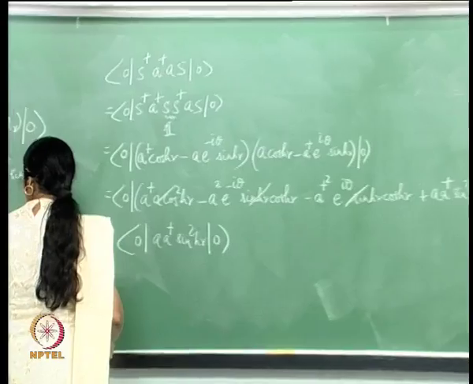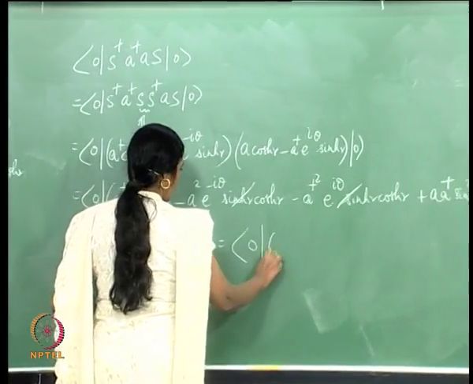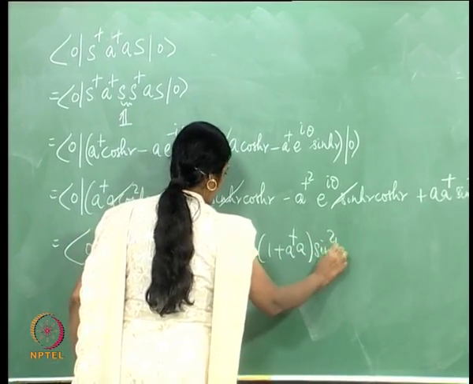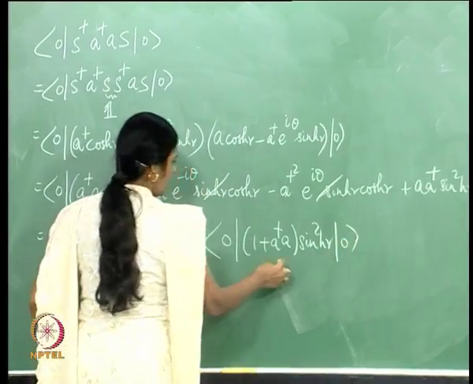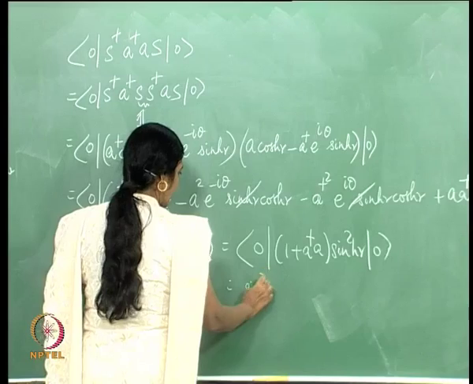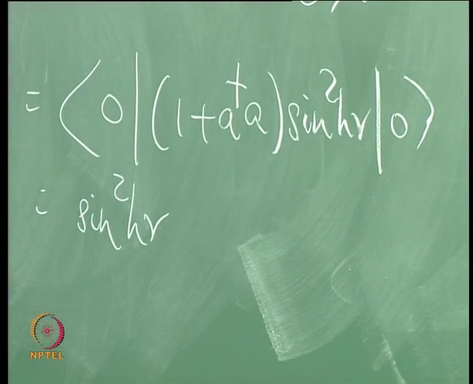As before, I can work it out, and this object is simply ⟨0|(1 + A†A) sin squared hr|0⟩, and while A†A does not contribute, the 1 does, and I get sin squared hr. So this is all that I have here.